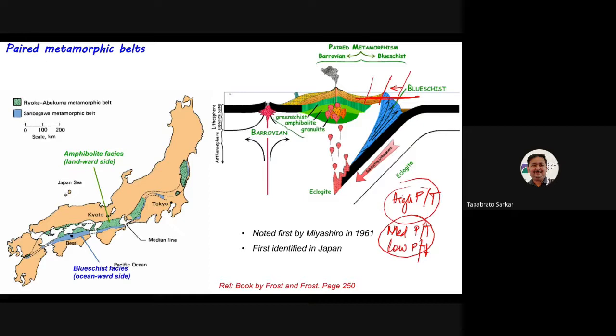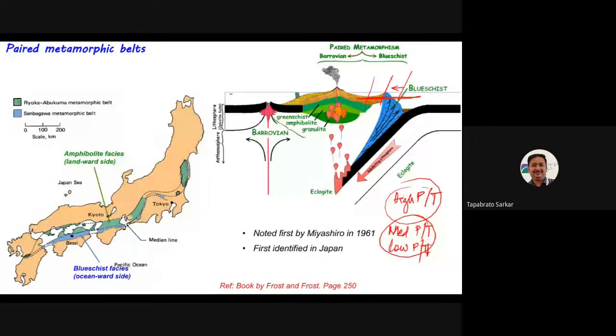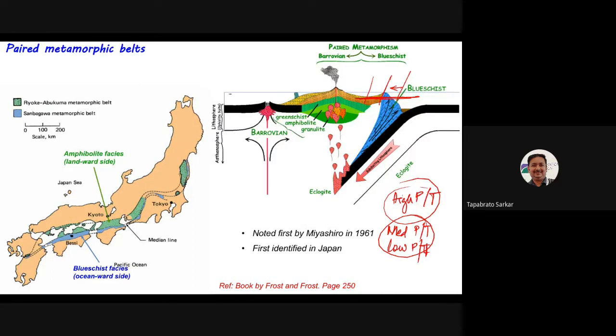Now, obviously, where do we find it? We can find it only where blue schist and these rocks can occur together or side by side, and this happens only in our subduction zone scenario, as we see out here. So when we understand this, these paired rocks, these rocks of contrasting PT conditions, can occur together only in a subduction zone scenario.